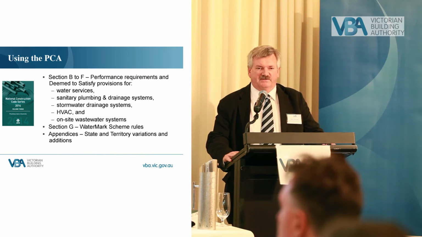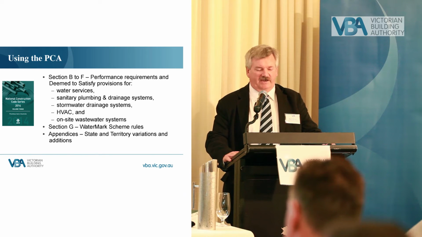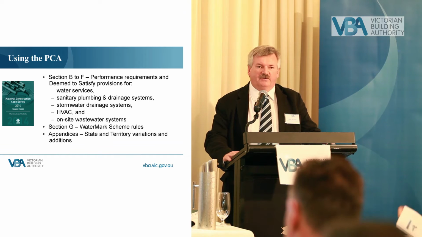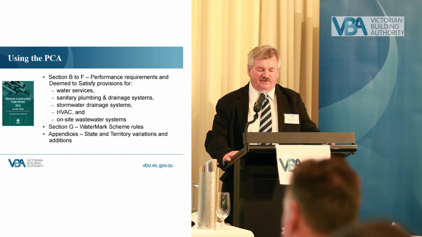In addition to the 7 sections, at the end of the PCA there are a set of appendices which detail all state and territory variations. The Victorian Appendix lists the parts of the PCA that have not been varied by Victoria and those that have been varied by Victoria. It's important that this section is read in conjunction with other sections to determine the Victorian requirements.